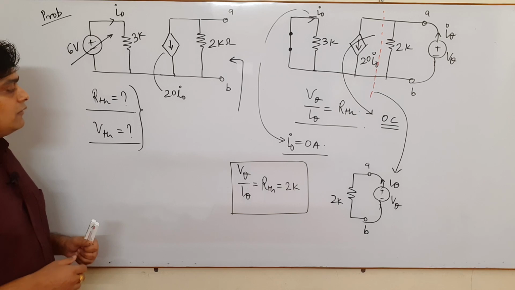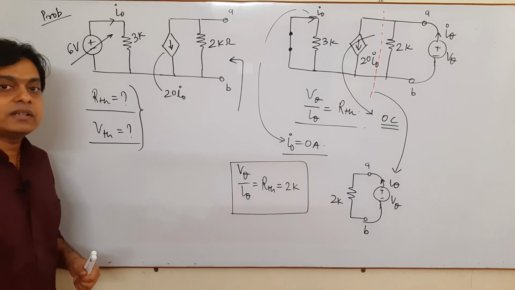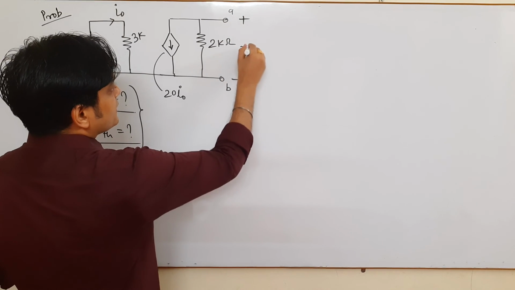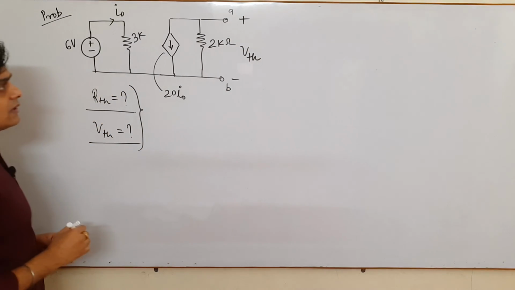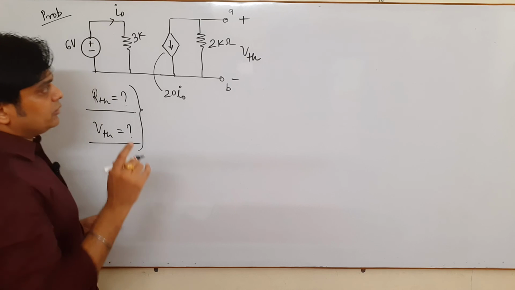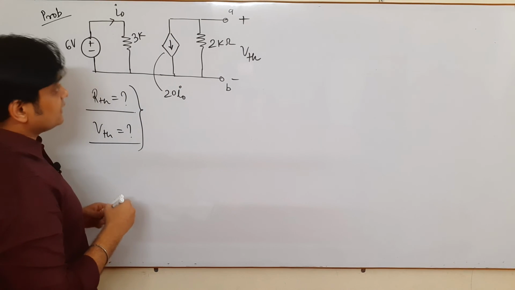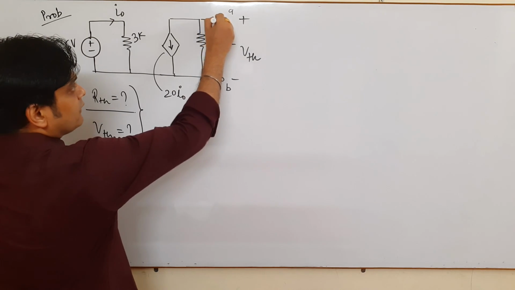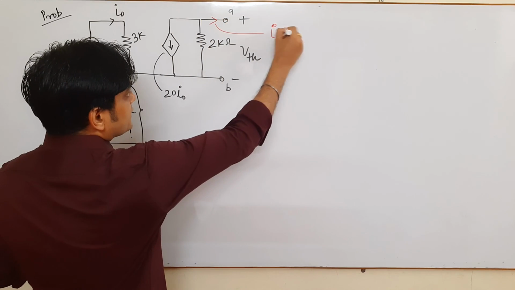Now we find the value of VTH also for this specific network. When we find the value of VTH, it is an open circuit voltage appearing here. Very important thing, please see: when this is an open circuit voltage, no current will flow here, whatever the current here is 0.